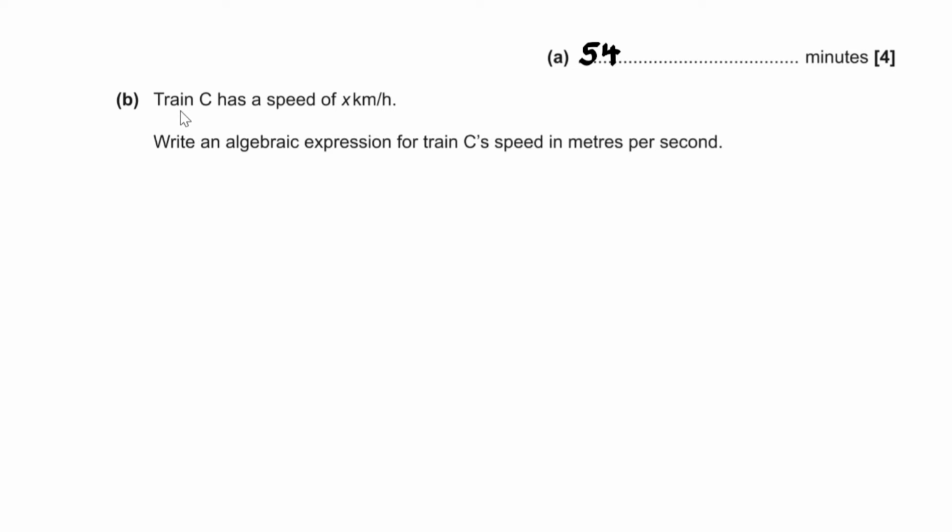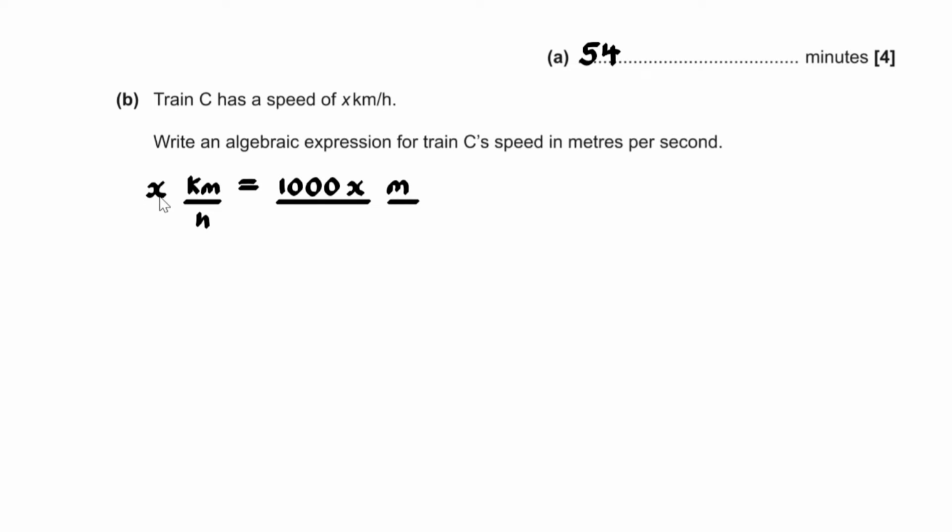For part B of the question, train C has a speed of x kilometers per hour. We have to write an algebraic expression for train C's speed in meters per second. Well, we've got x kilometers per hour. We want to convert this into meters per second. And if I multiply by 1000 and then divide by 3600, I would convert to meters per second.